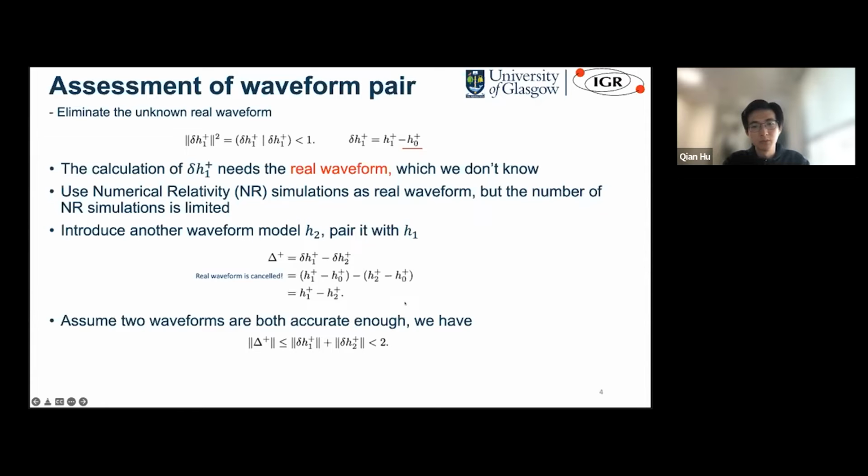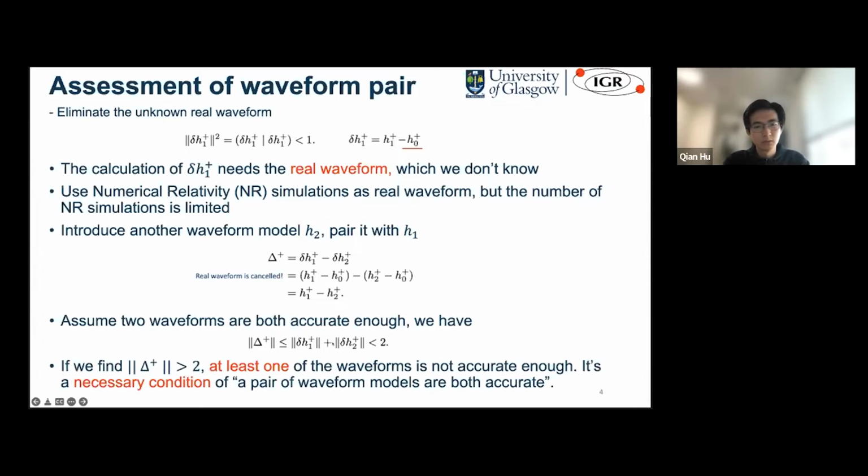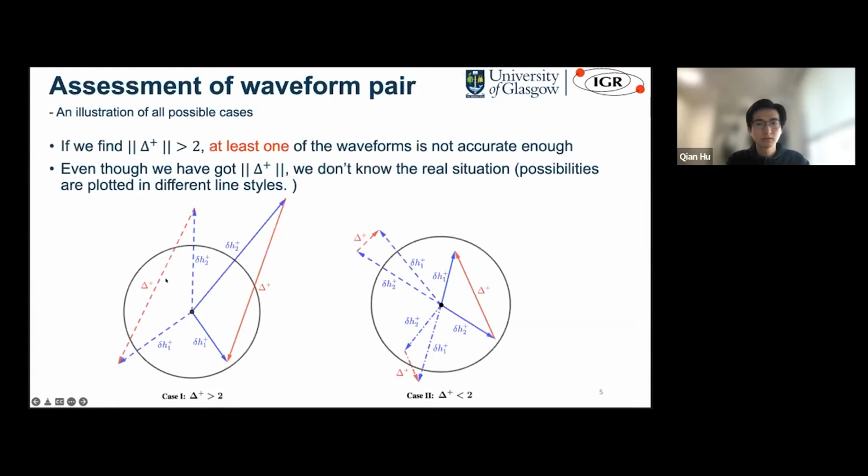If we assume the two waveform models are both accurate enough, and using the triangle inequality, we get that the length of the waveform difference should be smaller than 2. So if we find a violation of this inequality, we can say at least one of the waveforms is not accurate enough.